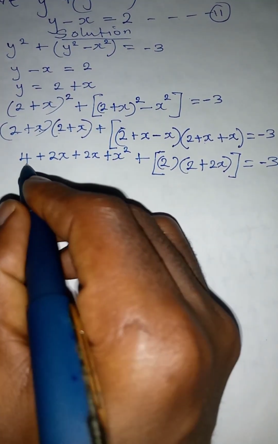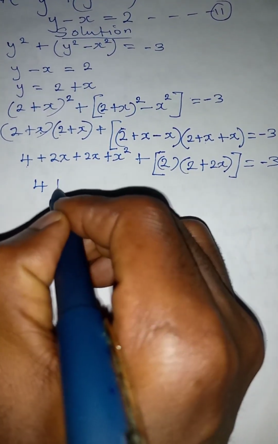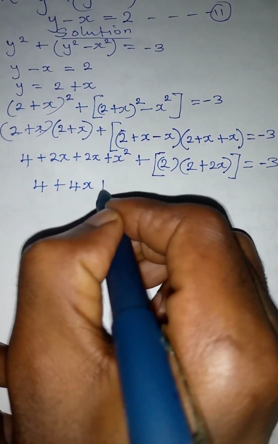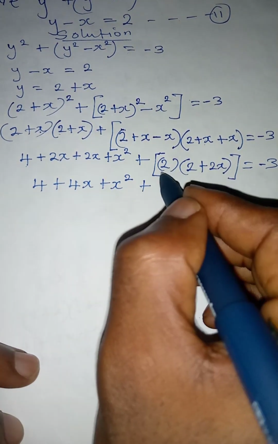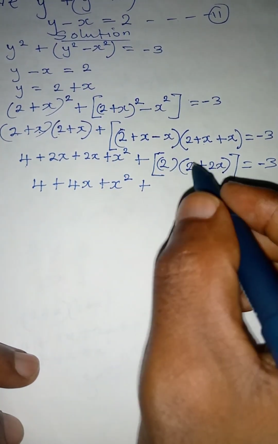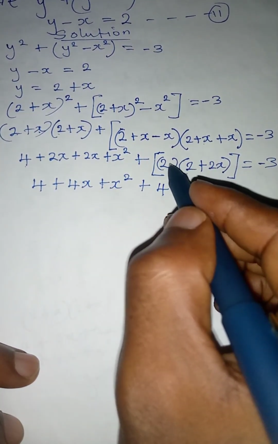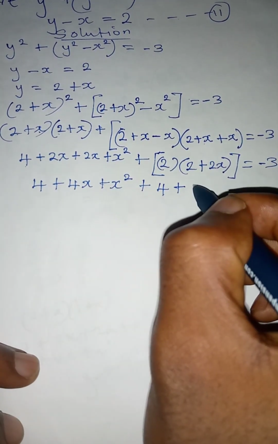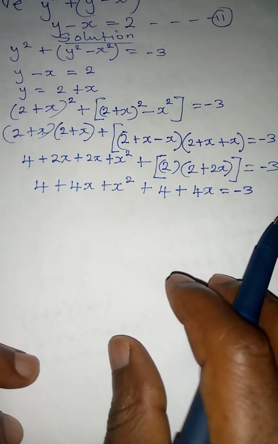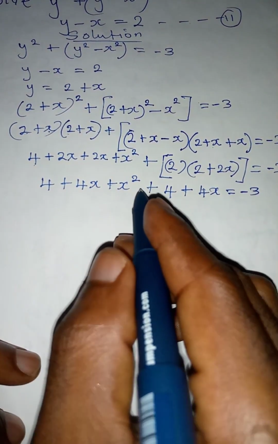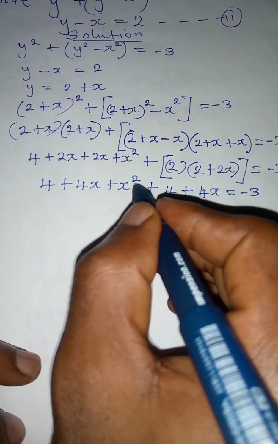So from here, I can now have 4 plus 4x plus x squared. Then plus here, I will have 2 times 2 to give me 4, then 2 times 2x to give me plus 4x. This is equal to negative 3. And then from here, I can arrange this properly, picking x squared first.